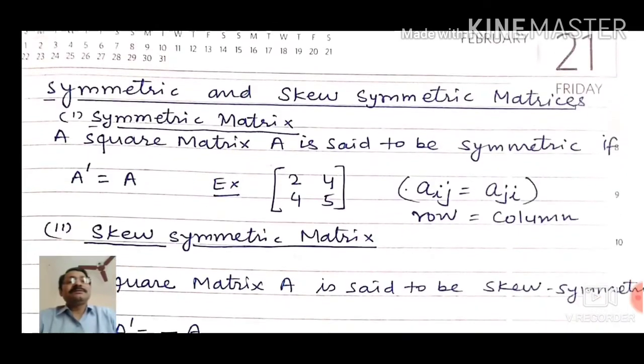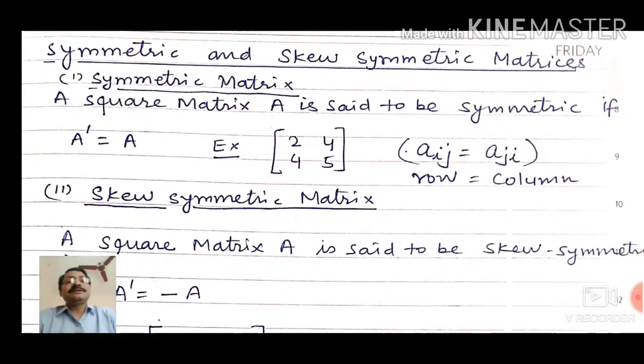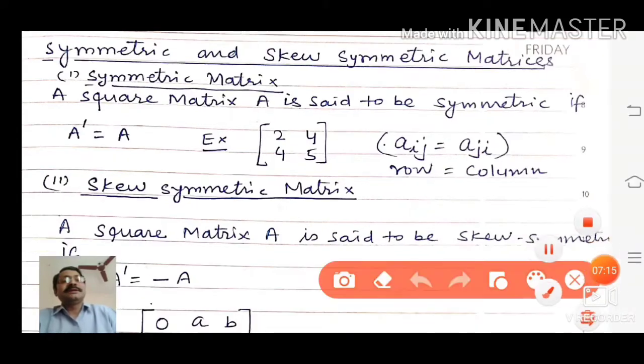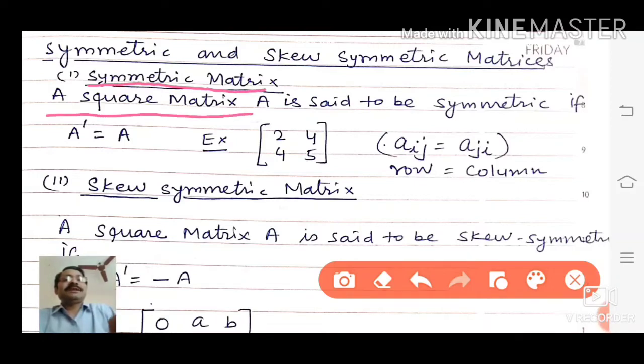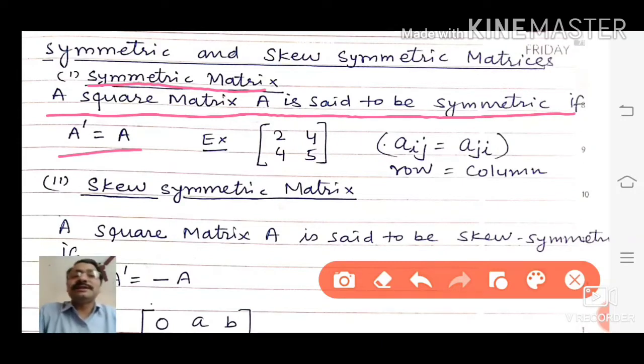Now there is some more you have to understand, that is symmetric and skew symmetric matrix. Look here, what is a symmetric matrix? A square matrix A is said to be symmetric if A transpose equals A. It means if you do the transpose and there is no change, then we say this is a symmetric matrix.